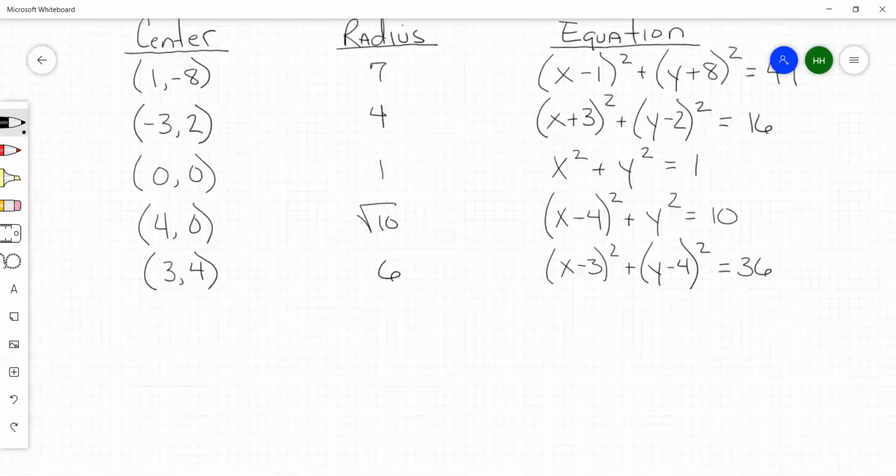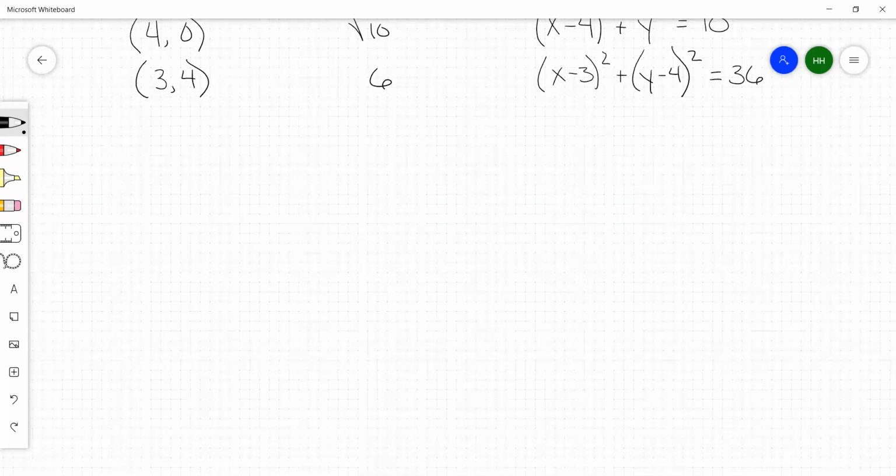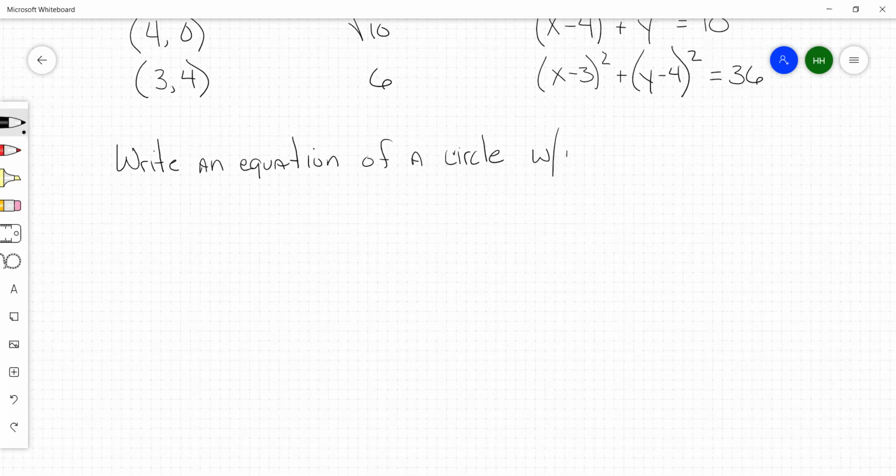So next, you will be asked to write an equation of a circle with center at (-2, 4) that passes through (-6, 7).